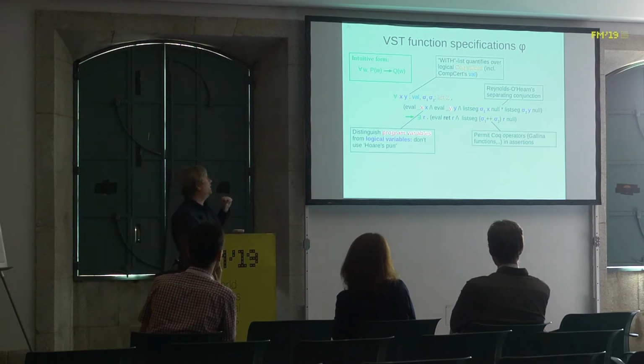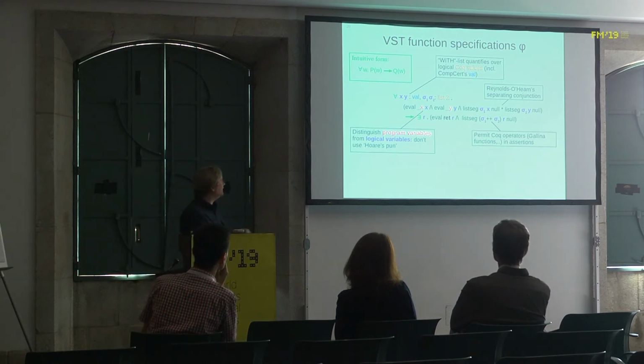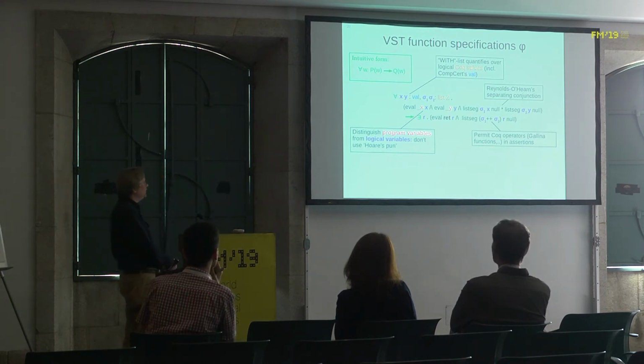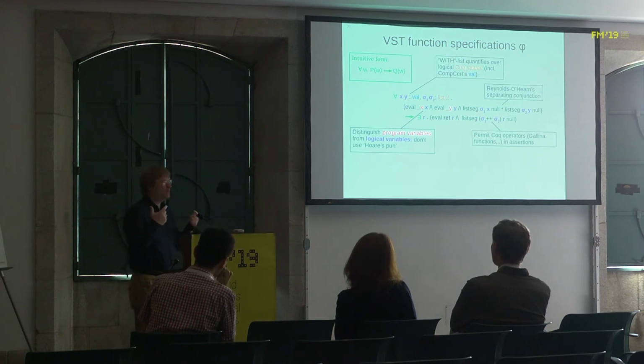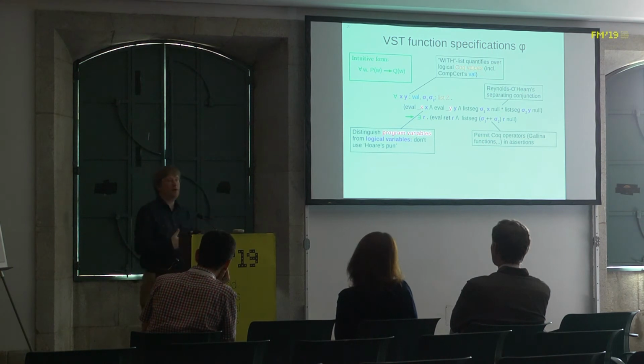So both contain properties, first talking about the program variables, and then about the heap in the second part. For the program variables, we actually deviate from what sometimes is called Hoare's pun, and that is the conflation of program variables and logical variables. It's actually, in our system, useful to separate these two.